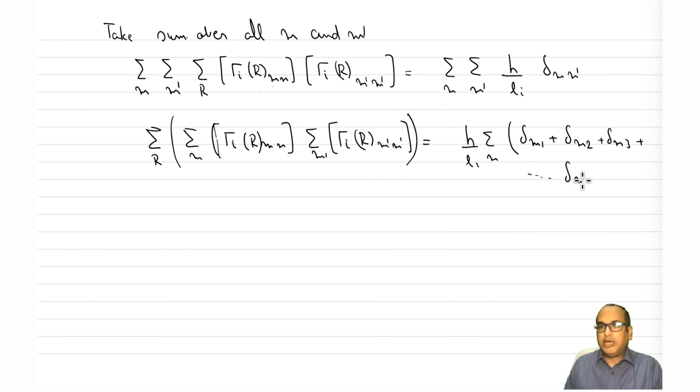This goes up to delta m li, because that's the dimension of the matrix, the dimension of the IR representation. So m prime varies from 1 to li, right?